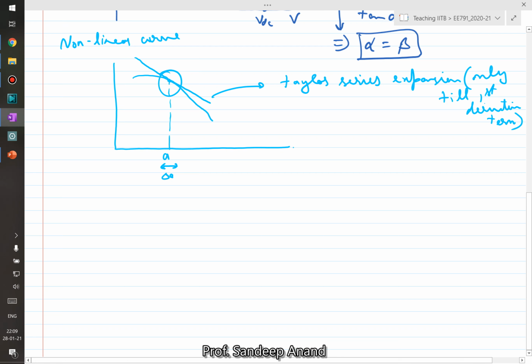It will look like f of x is given by f at a plus the derivative of f at a into x minus a, where the y-axis is f of x and x is x.